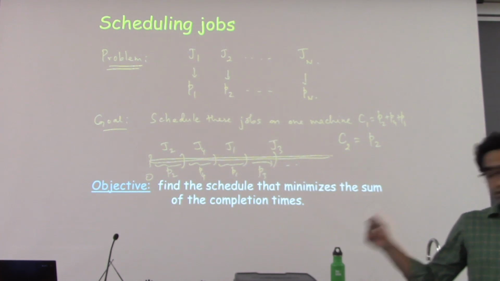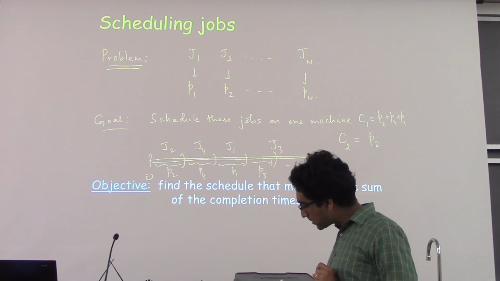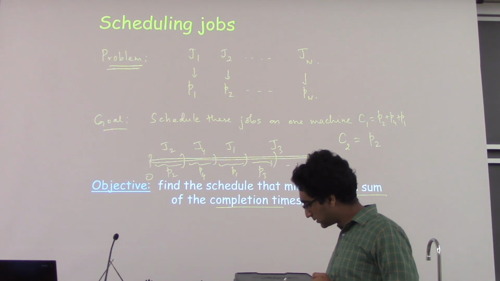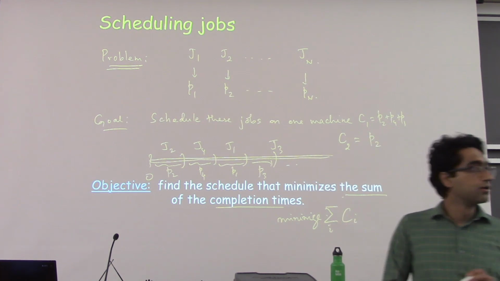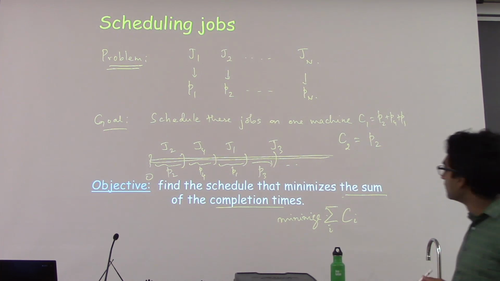Okay, so that's how you compute these. And the goal is to minimize the sum of these completion times, which is the sum over i of Ci. So this is our goal.